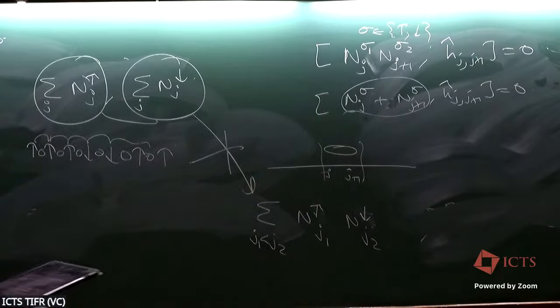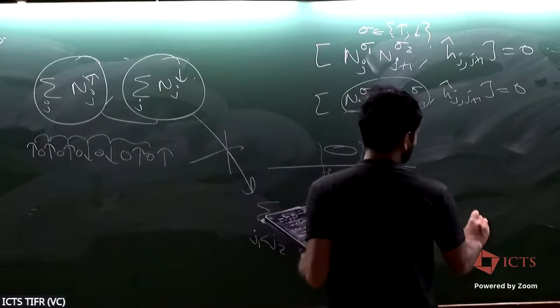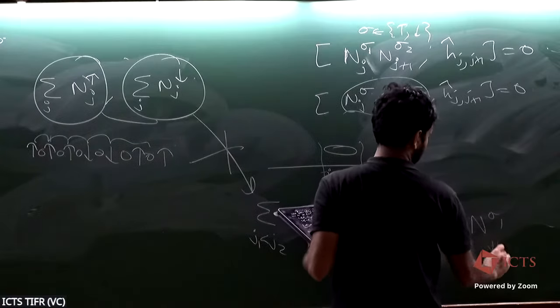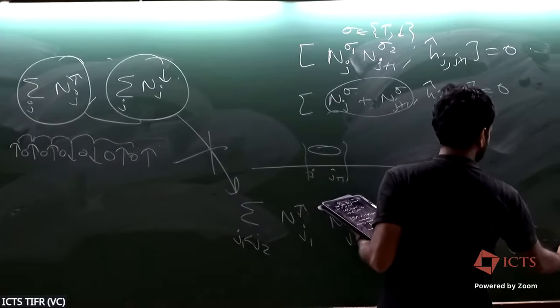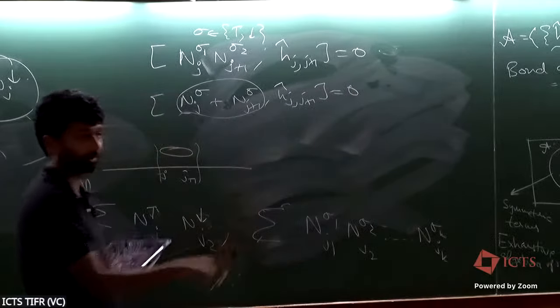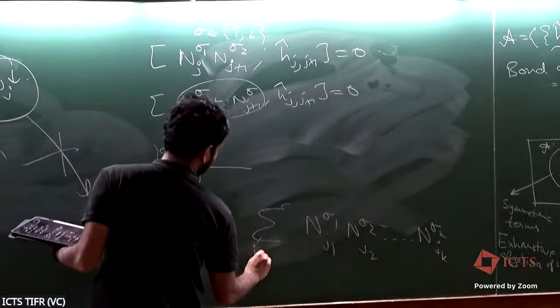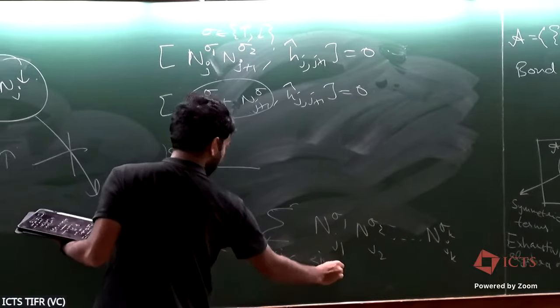And it turns out there is an infinite series of conservation laws. So you can have sigma 1, sigma 2, up to sigma k at sites J1, J2, up to Jk, for any pattern of spins with the constraint that J1 is less than J2 is less than Jk.